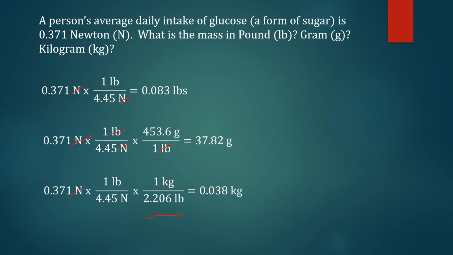So again, cancel out the like units, the newton, and then the pounds. So we will be left with kilogram. And again, solve the equation, and then we will arrive at the answer 0.038 kilograms.